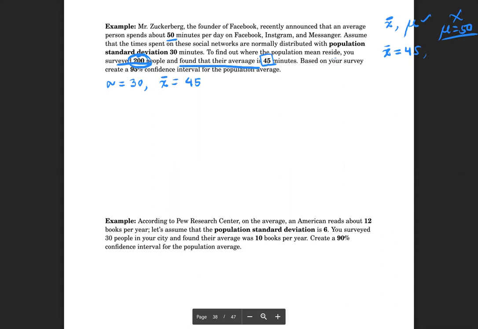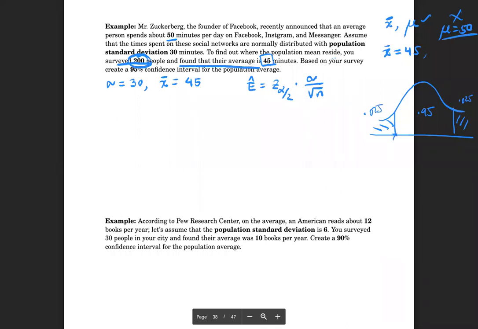Now, margin of error is Z sub alpha over 2 times sigma divided by the square root of n. Now we are doing 95% confidence. So in the middle, you're going to have 0.95. On the right, you're going to get 0.025, and on the left, you're going to get 0.025.